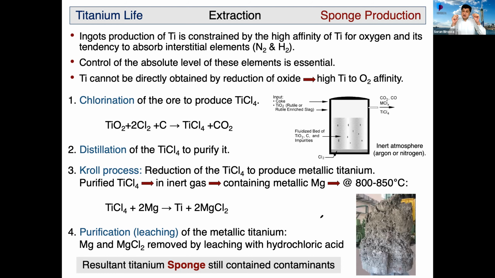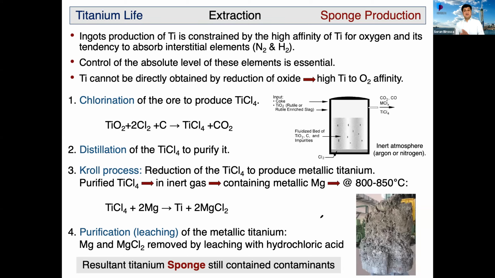When these elements are inside the titanium, they cause huge changes in the microstructure evolution and also the mechanical properties. For example, oxygen is an alpha stabilizer, which I will not talk about today. So they change the structure, the composition, and hence the properties of this alloy. Controlling these elements is very, very essential.